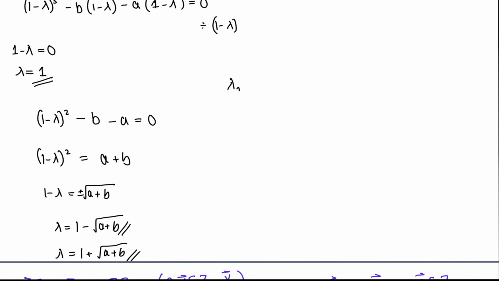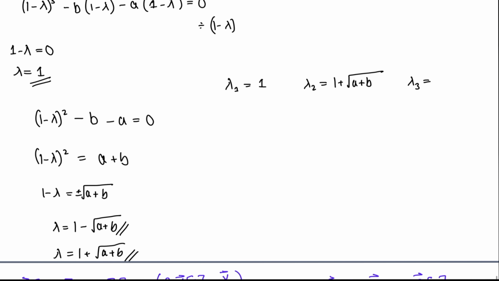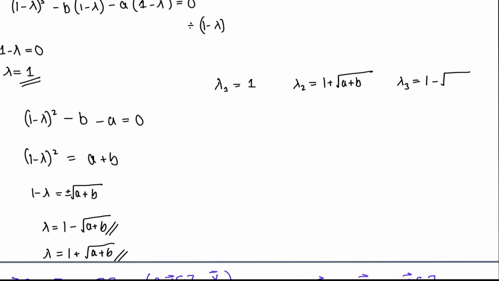So first one being 1, second one being 1 plus root A plus B, and then the third one being 1 minus root A plus B. So now these are just the eigenvalues of R.